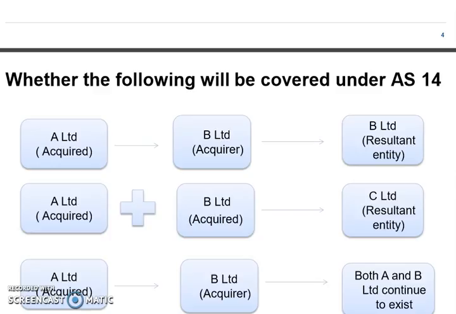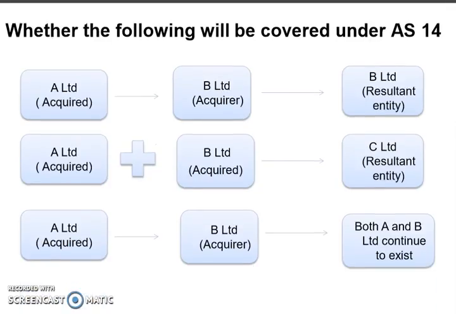And the new company is B Limited, which would form, and A Limited basically would go out. So that is covered under AS14. Let us move forward with the second example here. A and B Limited are acquired by C Limited in the second example.